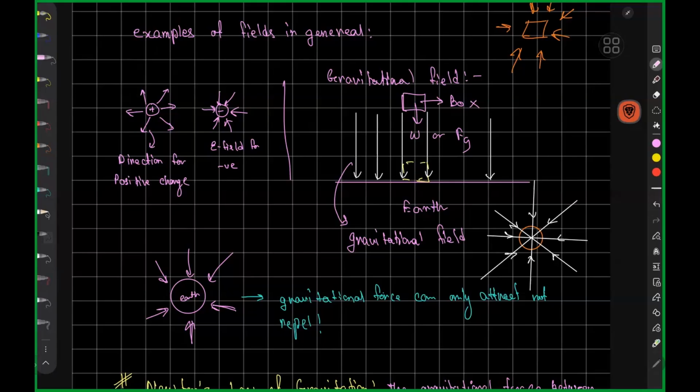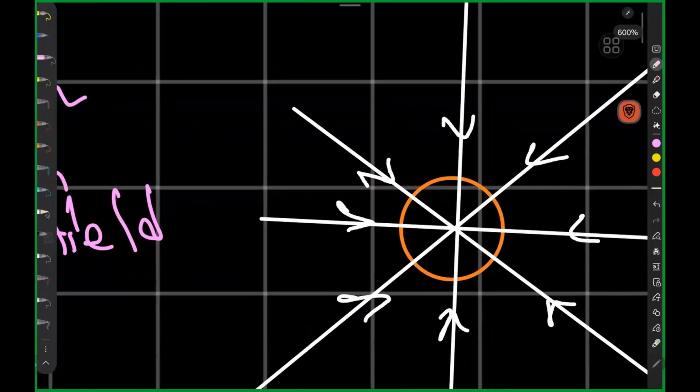So the point is, whenever we see from the POV of Earth for how big it is, we see radial lines. But now zoom in over here, and draw a bunch of lines. There are countless field lines, right?